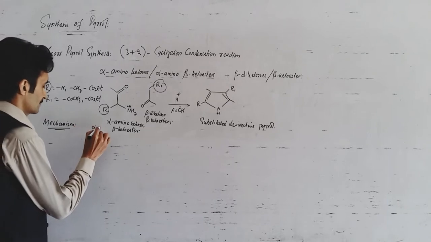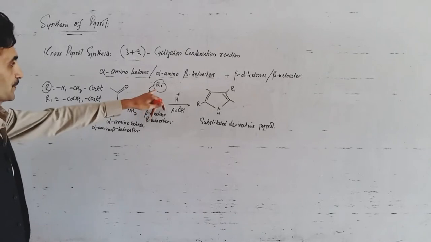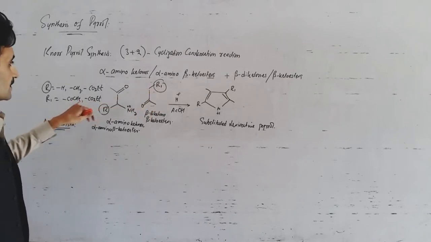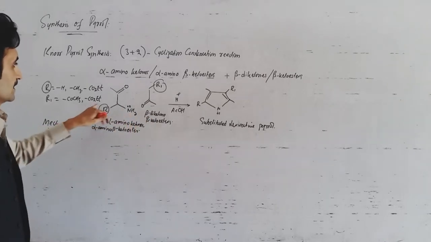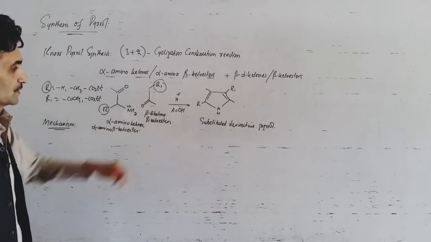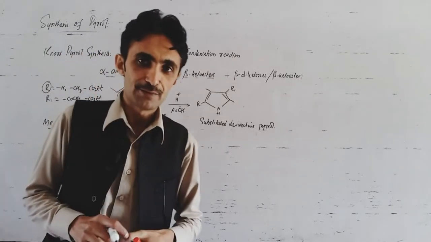In the same way, if we use R1 as a keto group, it will be a beta diketone. If we replace this R with an ester moiety, then it will be known as beta ketoester. So this is a condensation reaction in which we get a substituted derivative of pyrrole.